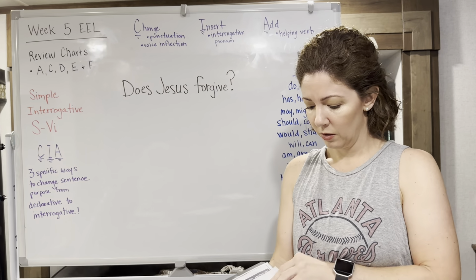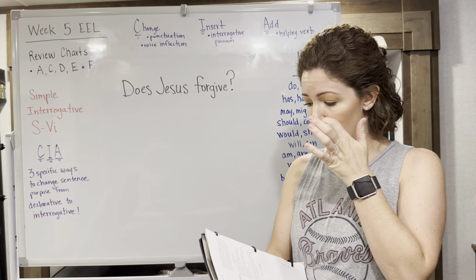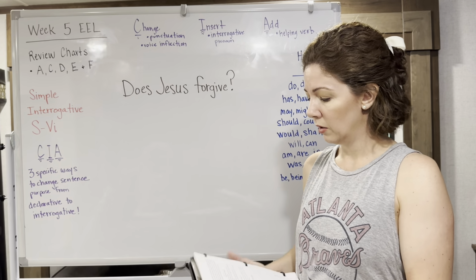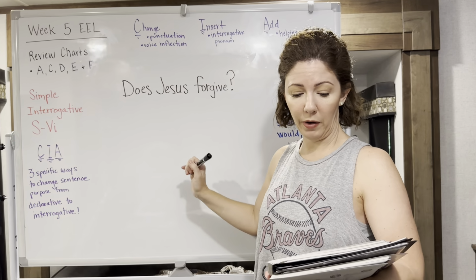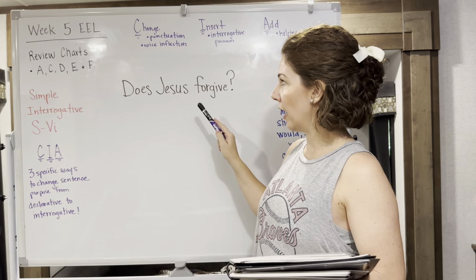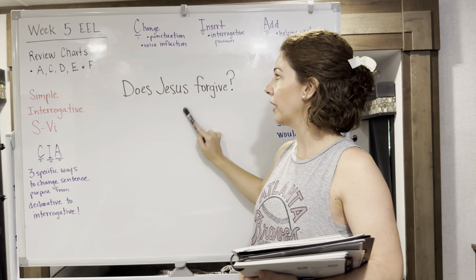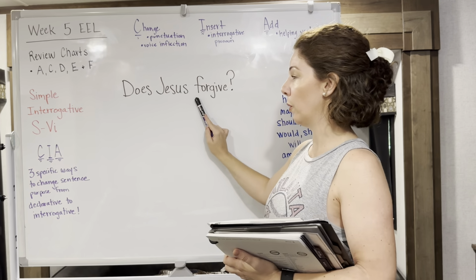Okay. So we've determined that does is a helping verb. What makes it a little easier to diagram is if we go ahead and rearrange this sentence and put our helping verb next to our verb.